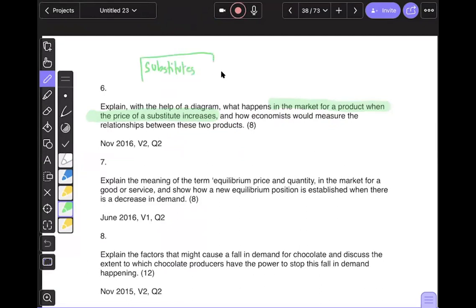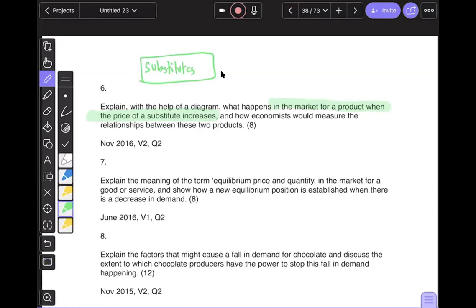Substitutes are goods that are in competition with each other. For example, Coke and Pepsi are substitutes of each other, and therefore they have a relationship where, when the price for good A goes up, you can see the effect on the substitute. Let's talk about Coke and Pepsi for simplicity.